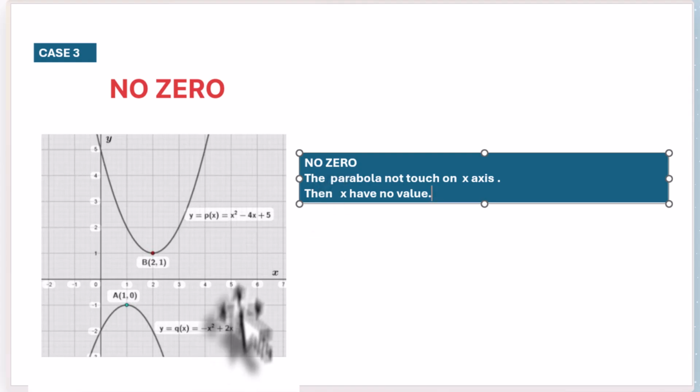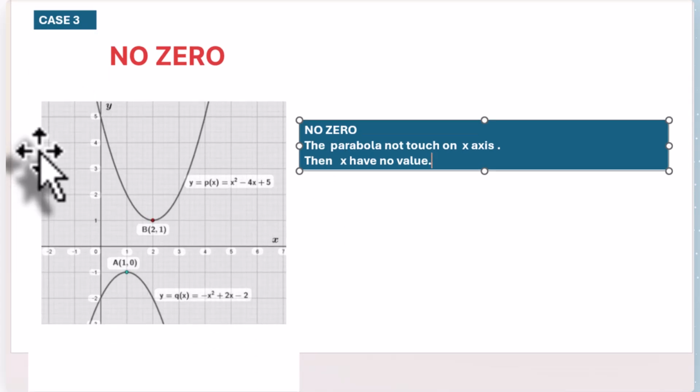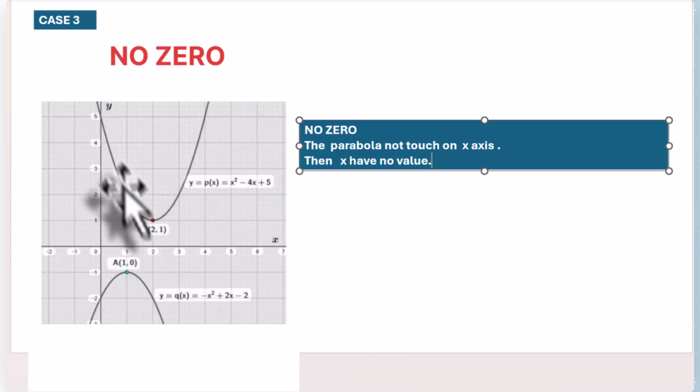This is the third case. No zeros: the parabola is detached from the x-axis, not touching it. So this is a no zero case.